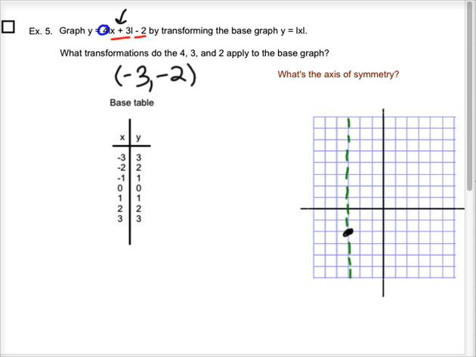So what I mean by that is starting at that point, I can go up 4 and over 1 to find my next point. Now, don't forget that's not the only point that I'm getting. We get the mirror image. We need to get our V. So we also get its mirrored point over here.